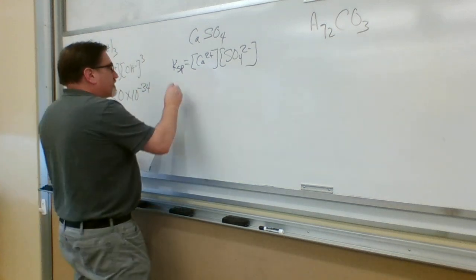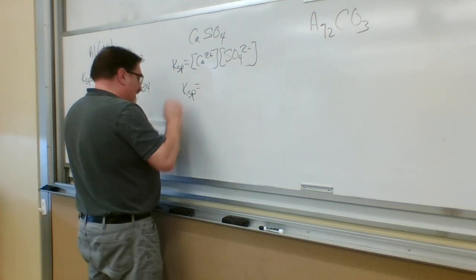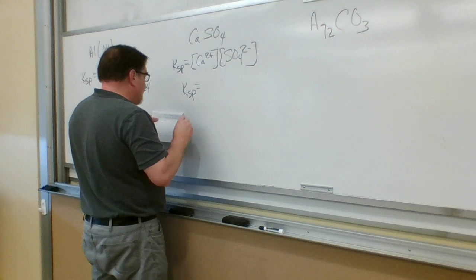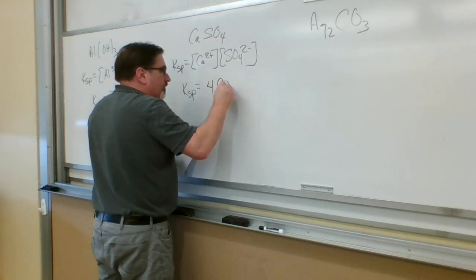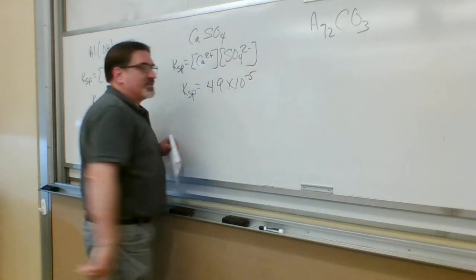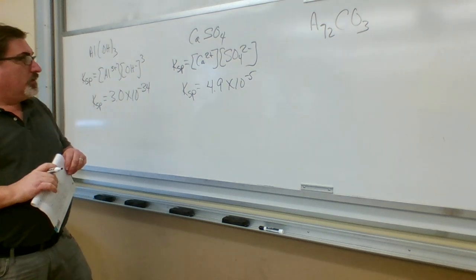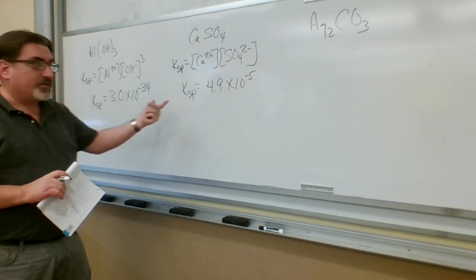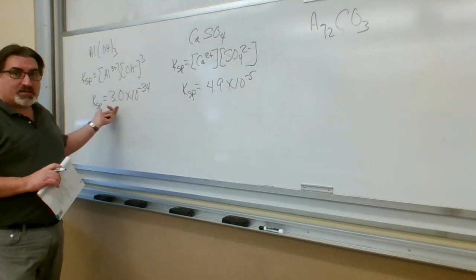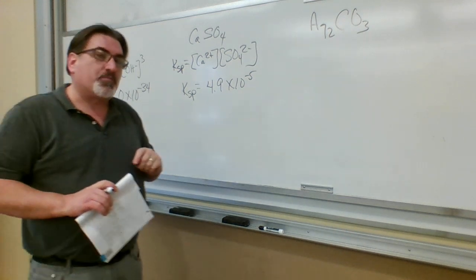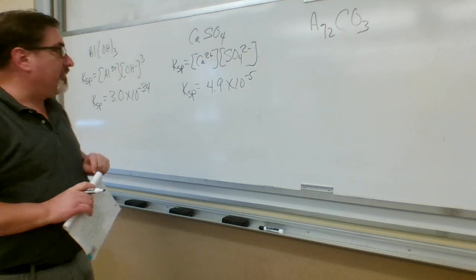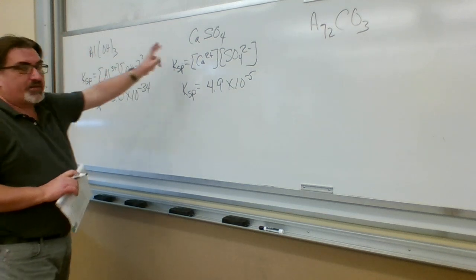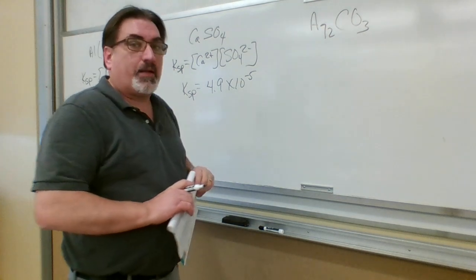And in the tables, KSP for calcium sulfate is 4.9 times 10 to the minus 5th. So we would suspect that we get more ions from calcium sulfate in solution than we would from aluminum hydroxide, but you still have to work those problems out eventually when the time comes, because there's more ions over here than there is over here, and that all comes into play.